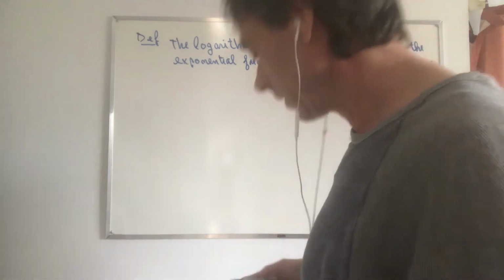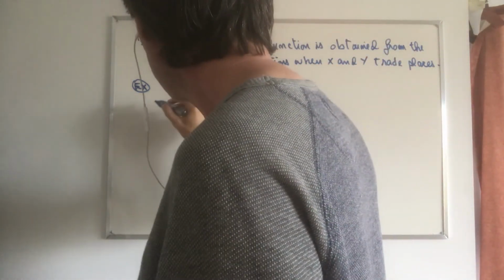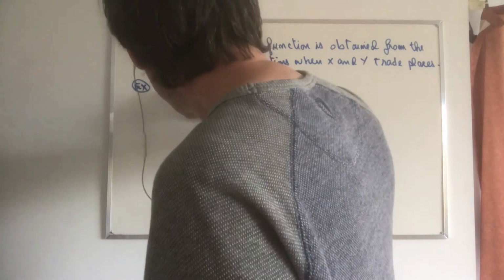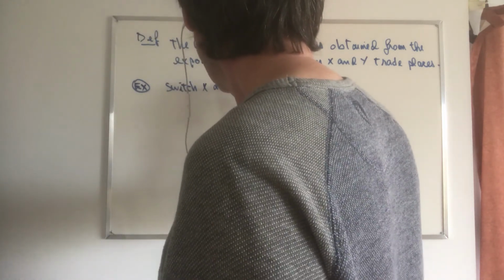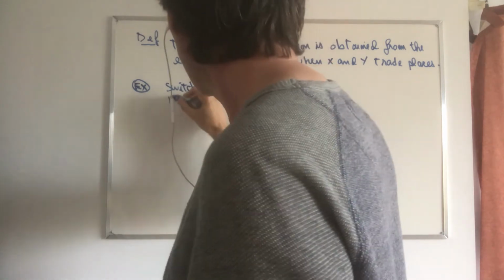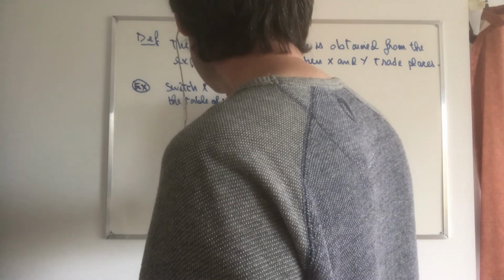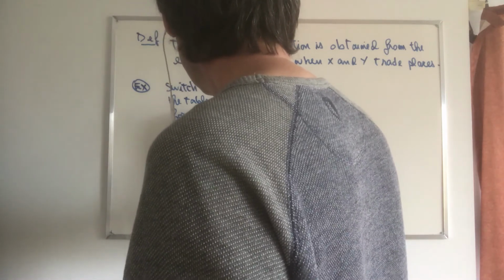So basically, let's take a look at what happens. Example: recall the little table of values we had for y is equal to 2 to the x. Now let us switch x and y in the table of values for y is equal to 2 to the x.